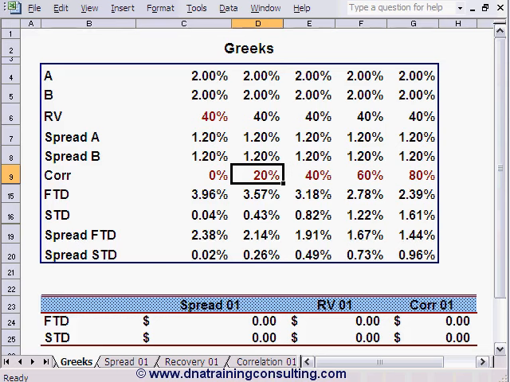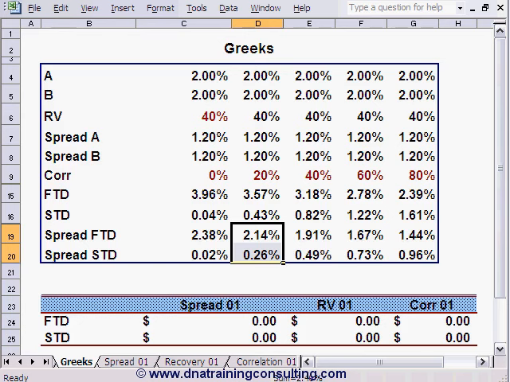Note that this brings the spreads of the first to default and the second to default to approximately 2.14% and 0.26% respectively.